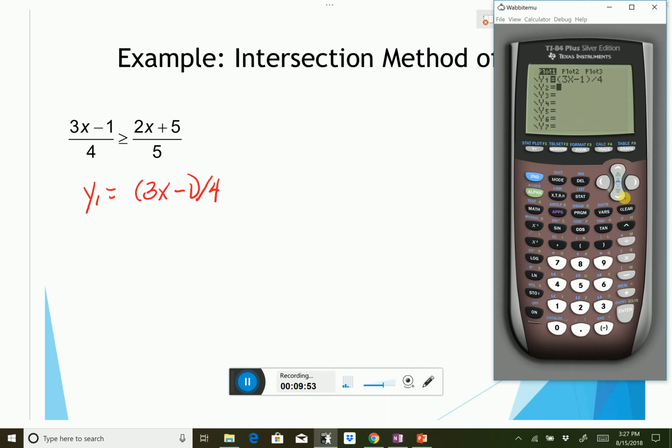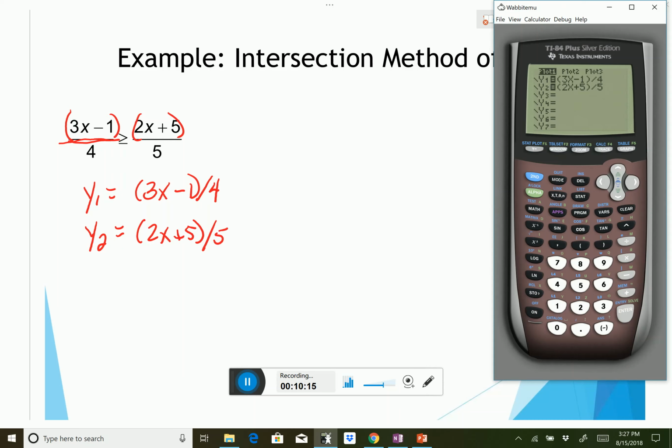And y2, the other side, is going to be 2x plus 5 divided by 5. Because remember, the fraction line has an understood parenthesis, which we kind of lose when we put them in the calculator. 2x plus 5 divided by 5.